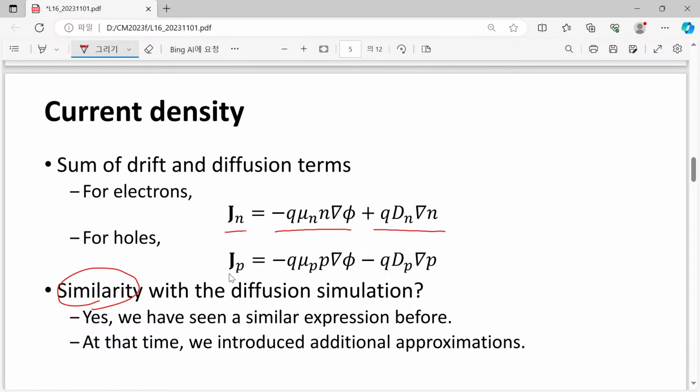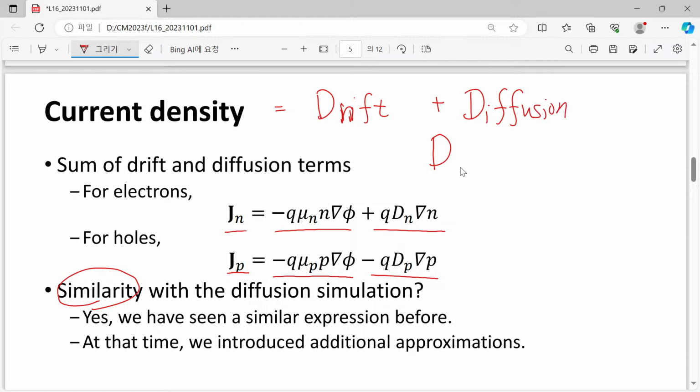And in the case of holes, we also introduce a drift term and a diffusion term. So simply speaking, we are now expressing the current density as a sum of drift and diffusion.